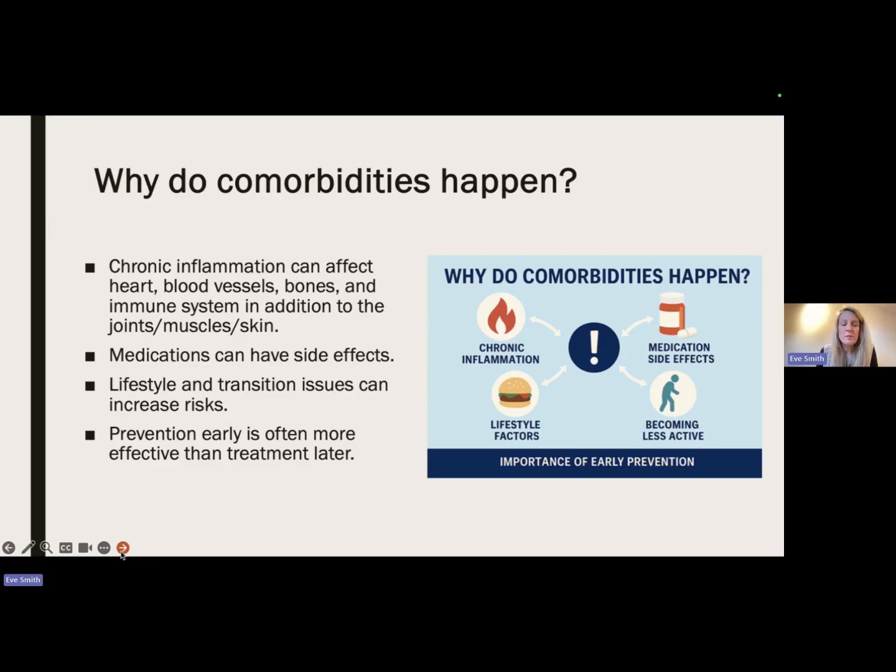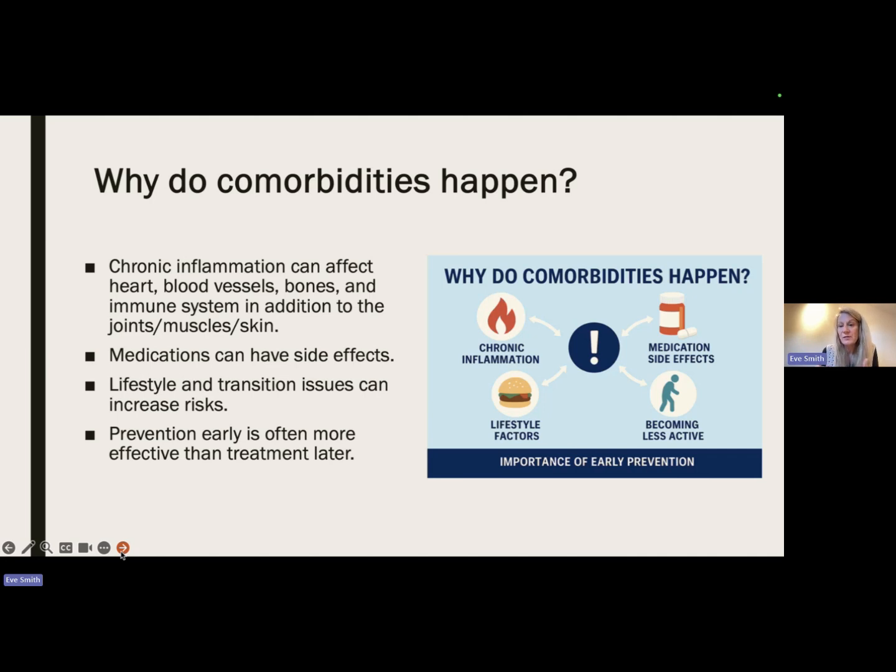And we know that inflammation in itself is a risk factor for things like heart disease. So what do I mean by heart disease? I mean longer term risk of things like heart attacks, also other cardiovascular disease like strokes, things affecting the blood vessels, thinning of the bones, and difficulties with the immune system, in addition to the problems that we have with our joints, muscles, and skin.